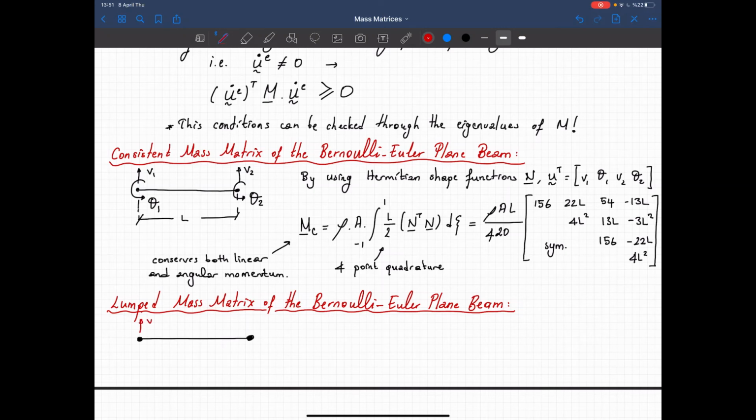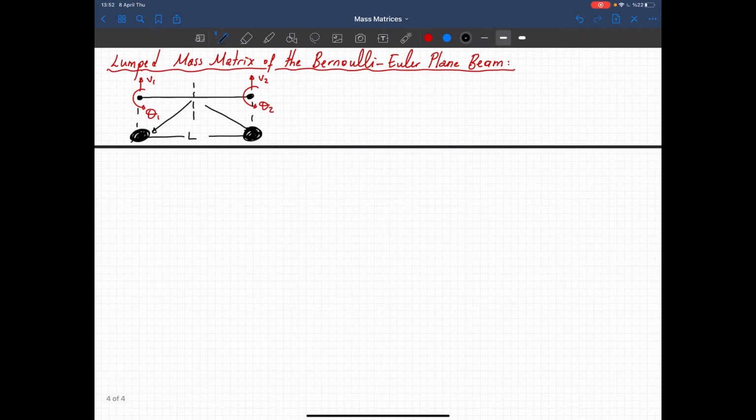So the degrees of freedom, we have V1, theta 1, V2, and theta 2 again. That's L. So the translational degrees of freedom is very straightforward. Again, we divide from the middle, lump half of the mass to the start node, lump the other half to the end node, so that there's no problem in the translational mass. So we can say that translational masses are okay.